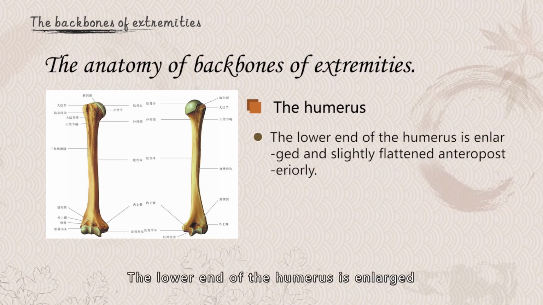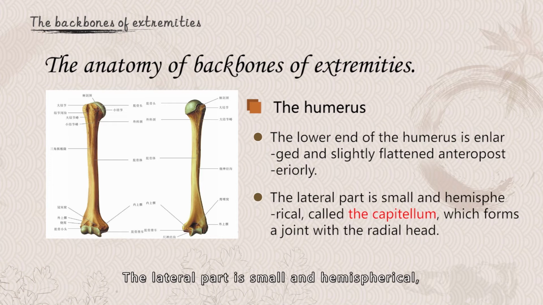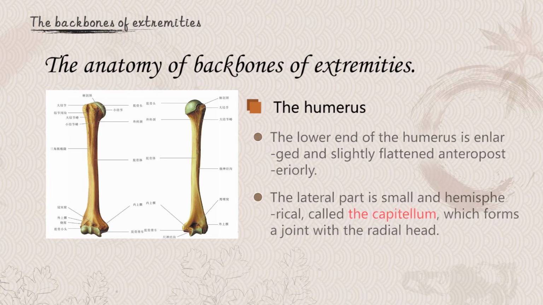The lower end of the humerus is enlarged and slightly flattened anterior-posteriorly. The lateral part is small and hemispherical, called the capitellum, which forms a joint with the radial head.